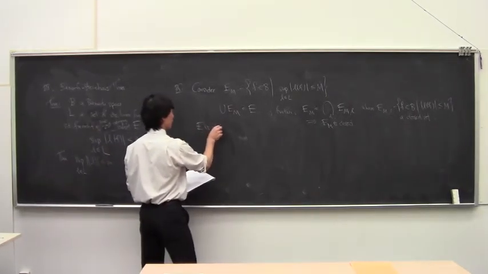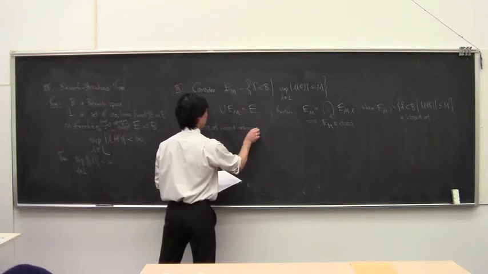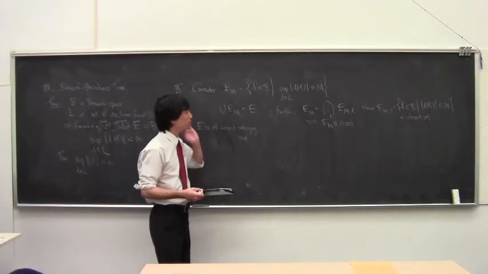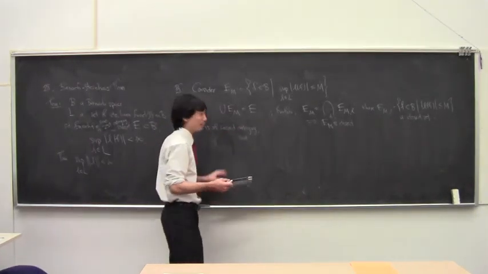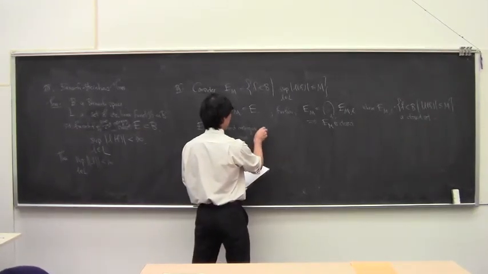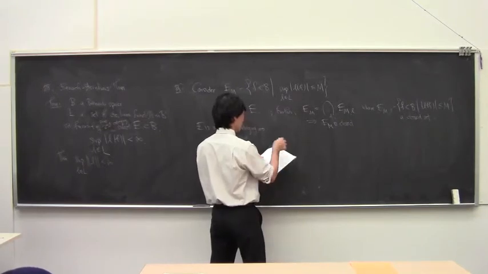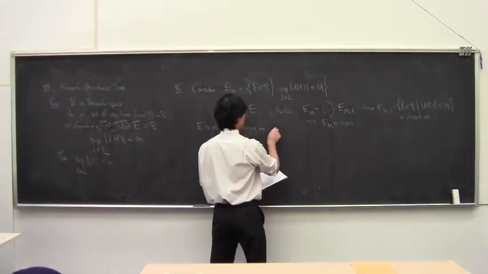Sorry, I prepared this lecture at 3 a.m., I think. E is of the second category, so that tells you that it can't be a union of nowhere dense sets.